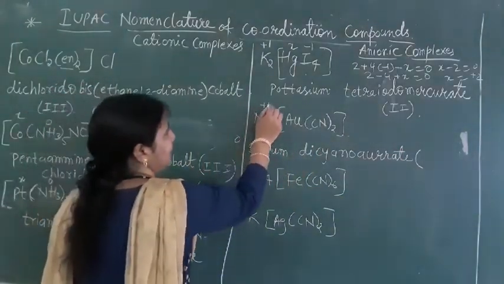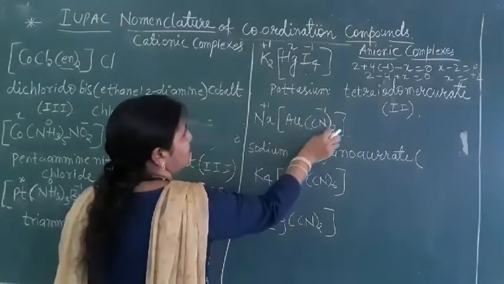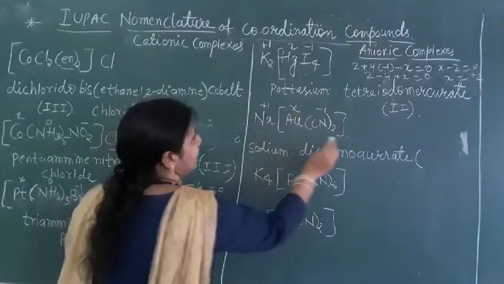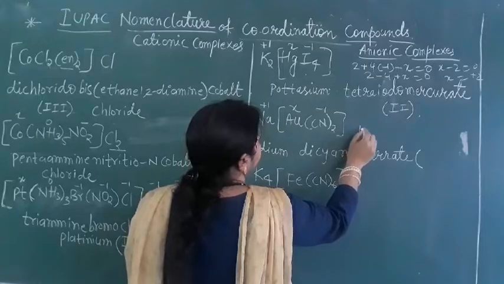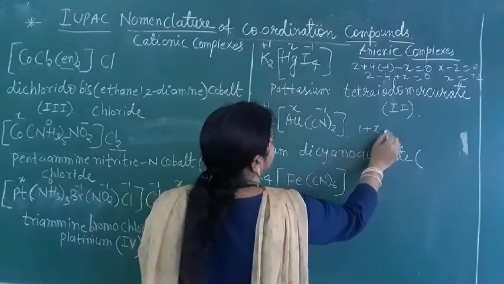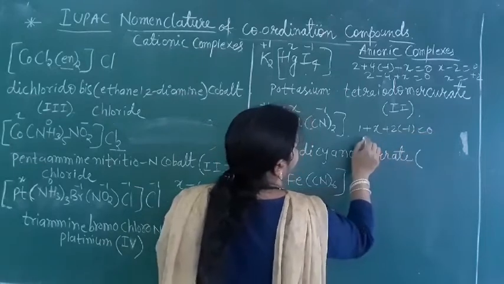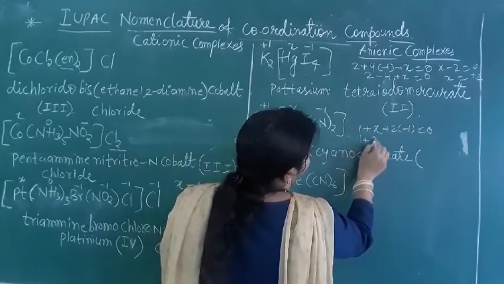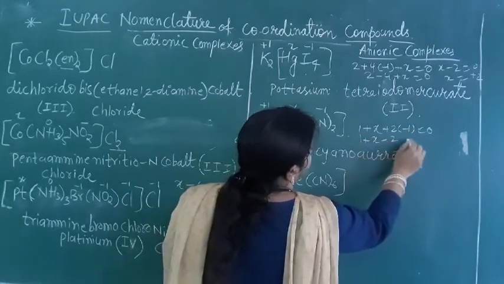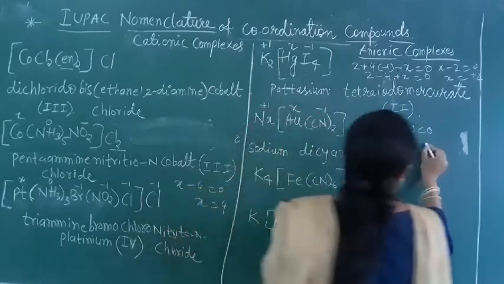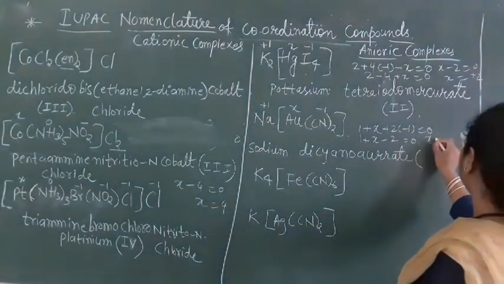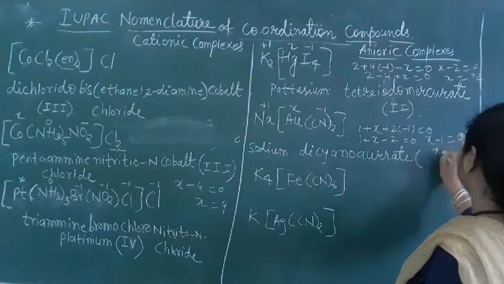See, this is plus 1. CN is minus 1. How many are there? 2. This is X here. So 1 plus X plus 2 into minus 1 is equal to 0. So it is 1 plus X minus 2, or X minus 1 is equal to 0. So X will be what here?